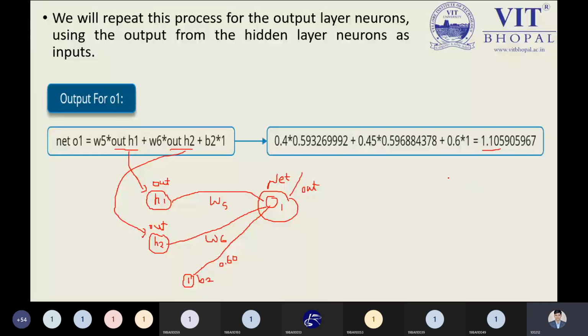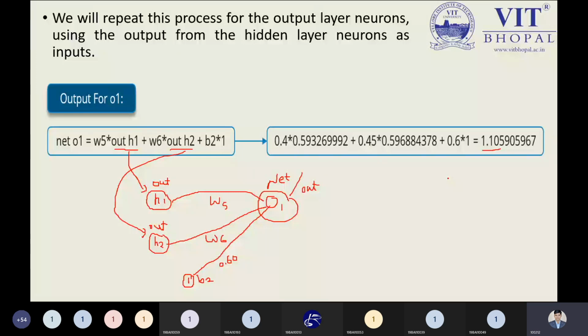Now this step is clear, or anything you want to ask right now? The step is clear, how we are getting the values. So for solving a problem, you are required to divide your information just like we have written over here: W5 into out H1 plus W6 into out H2, and if other out H3, H4 are connected, write all the equations like this, and at the last you are required to add bias if it is given.